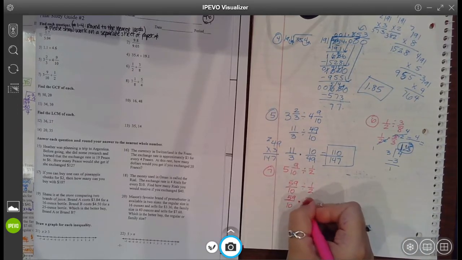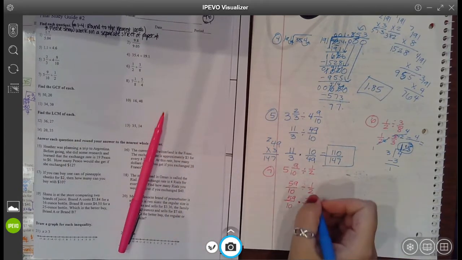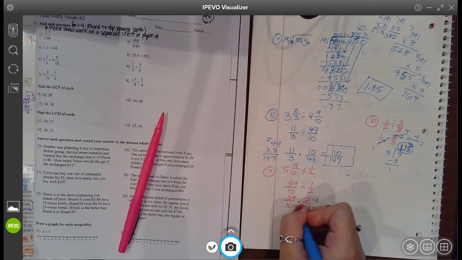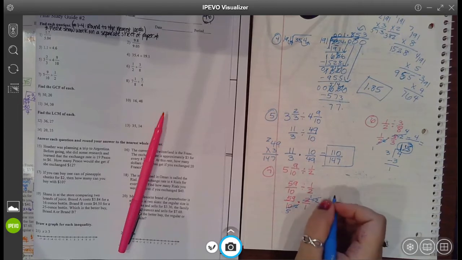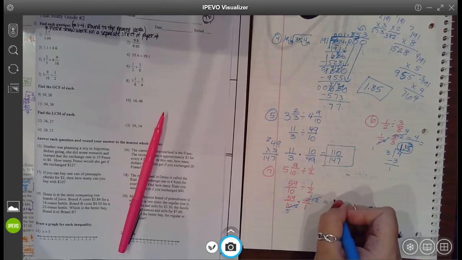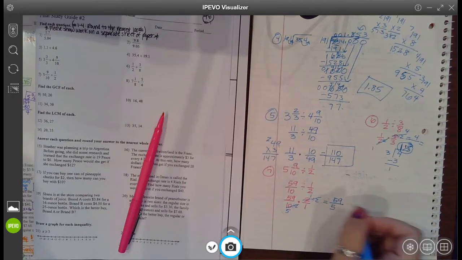Keep, change, flip. All right, and can anything cross cancel? Yeah, 2 can go into both 2 and 10. So 10 divided by 2 is 5, and 2 divided by 2 is 1. These can't cross cancel, so just multiply across. 59 times 1 is 59, and 5 times 1 is 5.